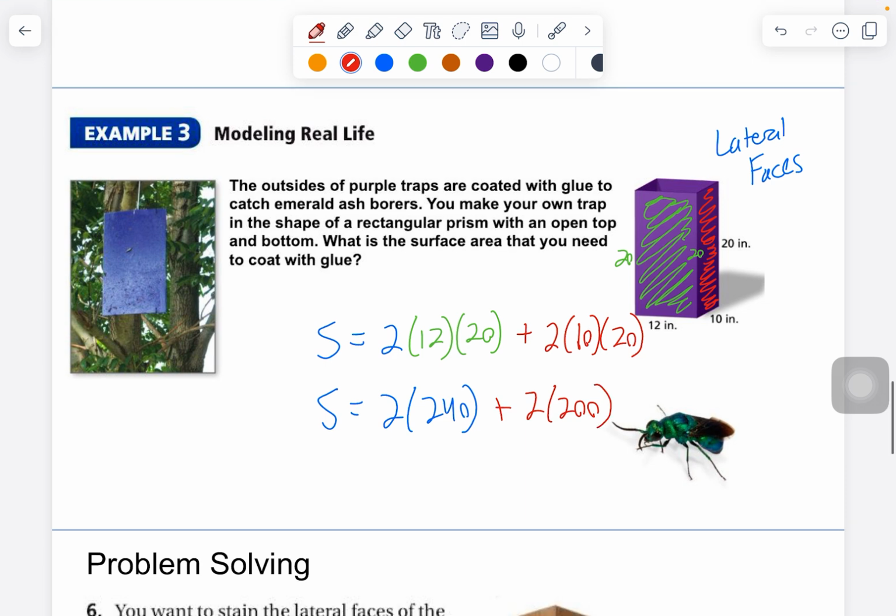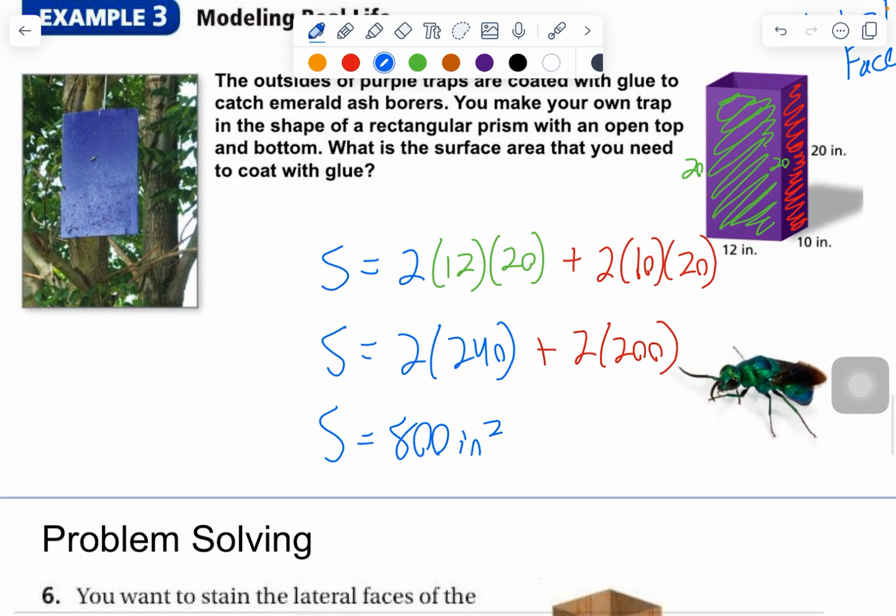Right? We add these up, and we get a total surface area of 880 square inches. This is a story problem, so you know I love solution sentences. You need to coat 880 square inches with glue.